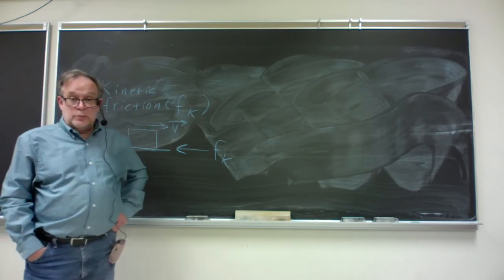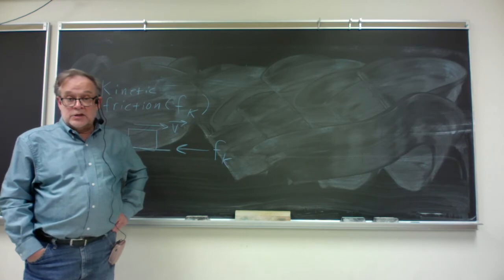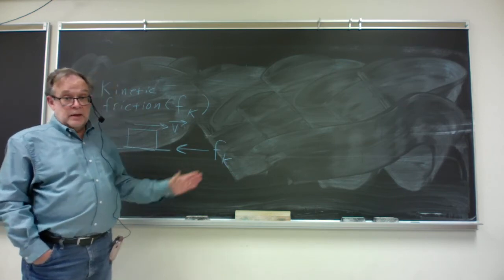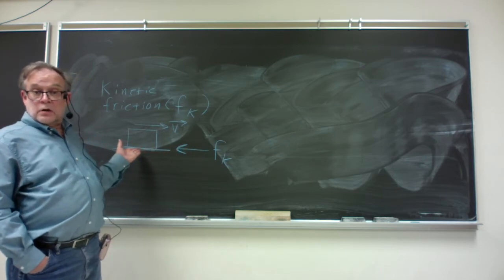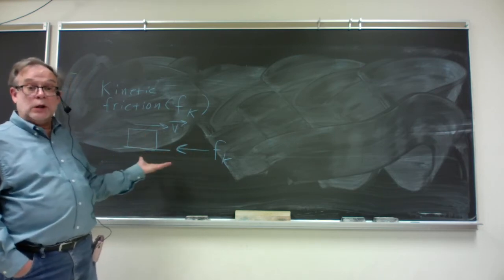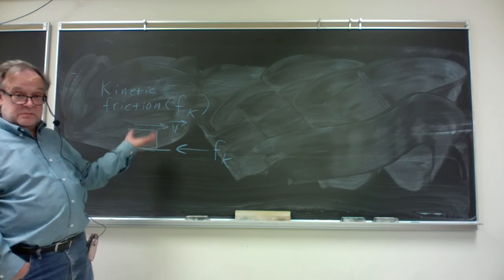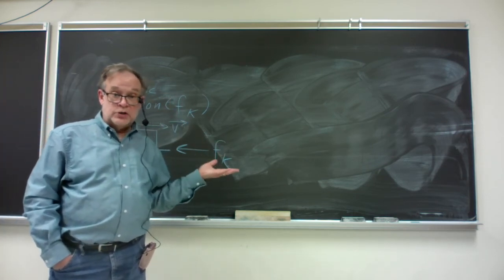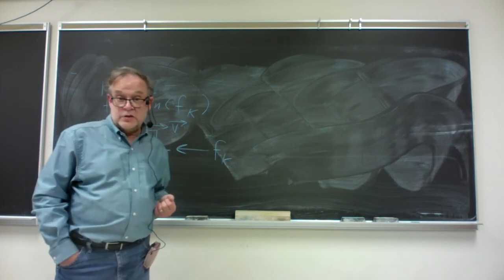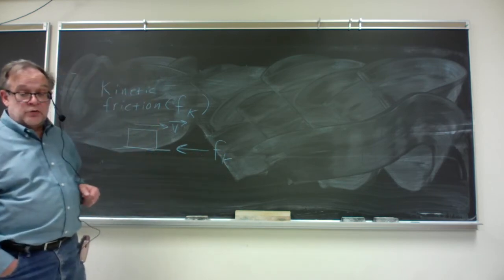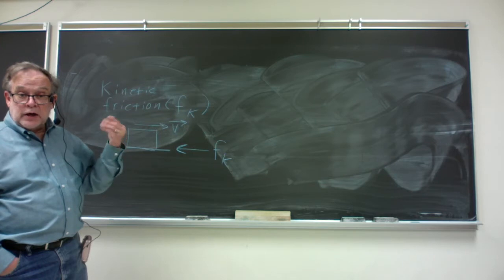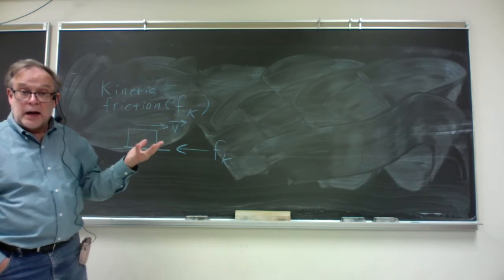So kinetic friction applies to any surface that is sliding across any other surface, and it's a force that will always be parallel to that surface, as opposed to the normal forces, which are also forces from a surface, but they're perpendicular to the surface. There's one kind of friction force when something is moving, another kind of friction force when something is not moving.